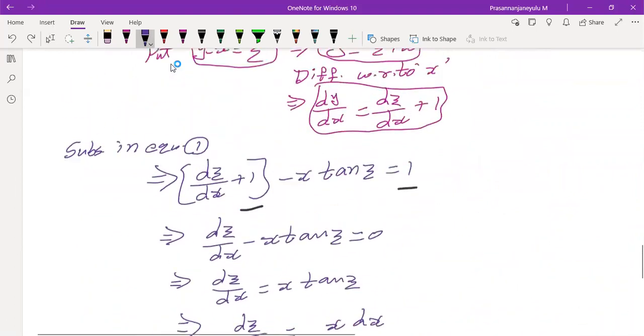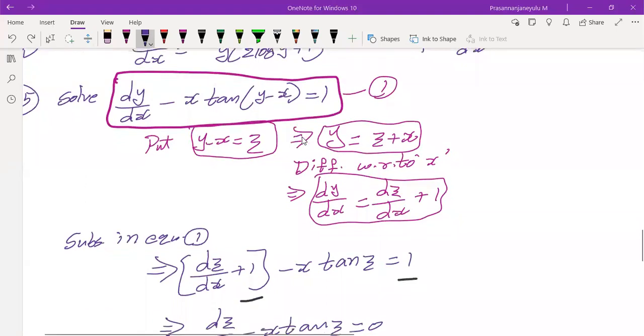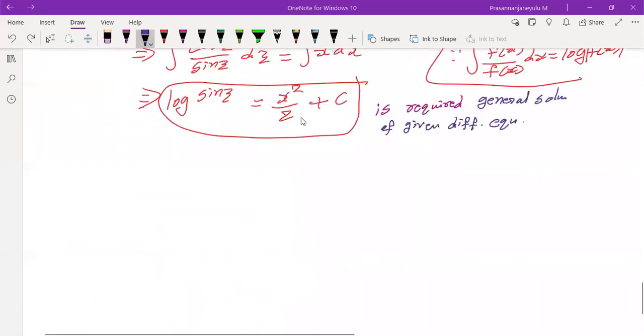The given differential equation is in terms of x and y, but we got the solution in terms of x and z. So this is not the general solution. So what we have to do? Replace z with its value, that is y minus x.